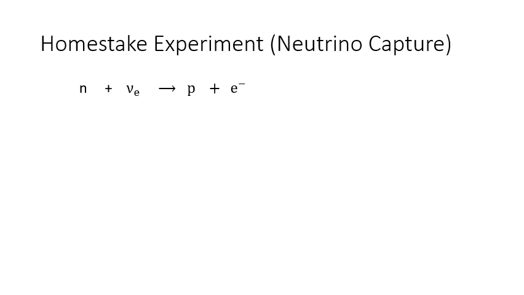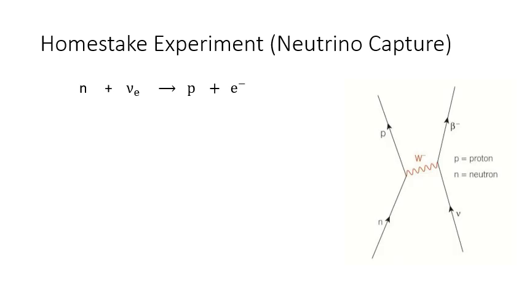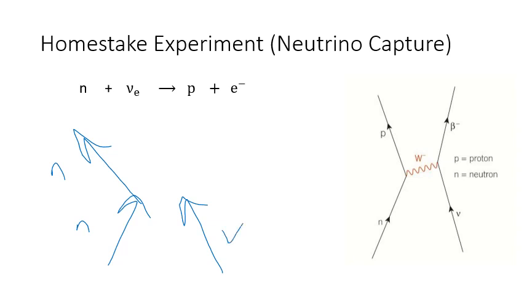So, neutrino capture. There's the diagram. Neutron becomes a proton, but this time the incoming energy is a real electron neutrino, and we get a W minus and an electron. Didn't draw that very well.